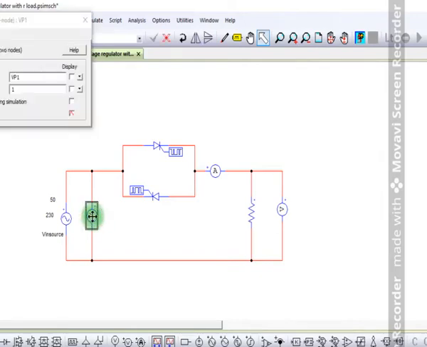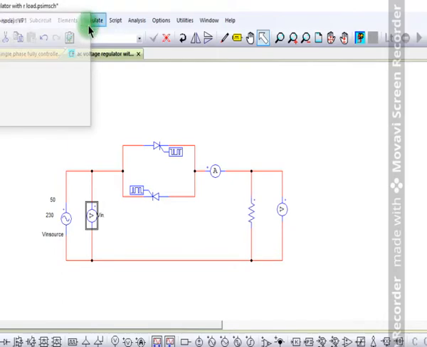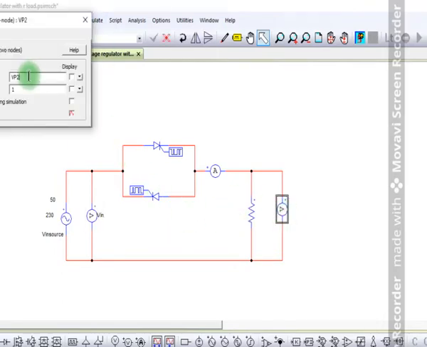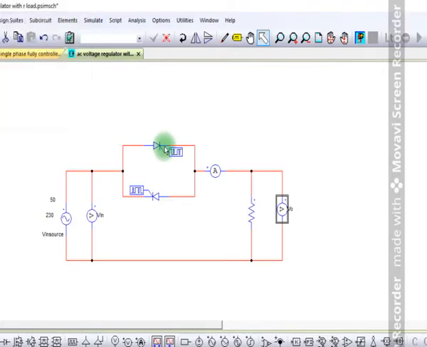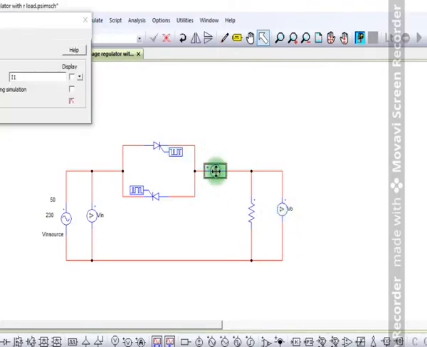Then we click on this input voltage probe and we will name it V input, and then click it. This is one more voltage probe that we will name V naught, that is the output voltage measured, and this is the ammeter, and this output current will be measured, and we'll name it I naught.